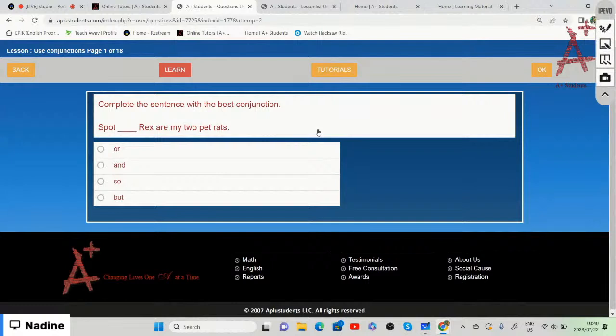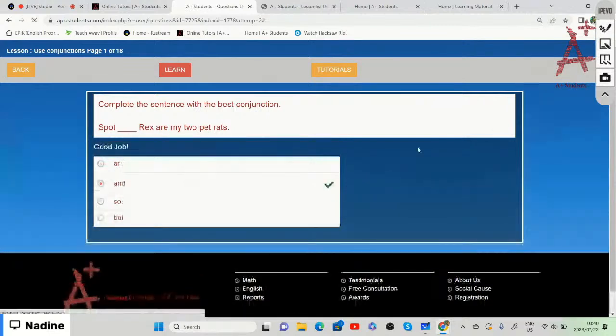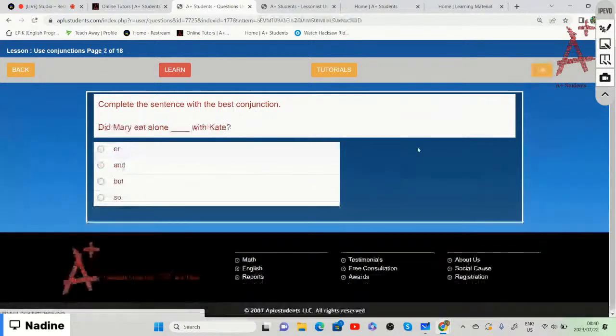We need to complete the sentence with the best possible conjunction. So which means that we are going to choose Spot and Rex are my two pet rats. So it is Spot and Rex. They belong to me. Pet rats.